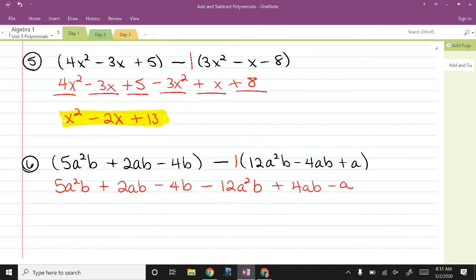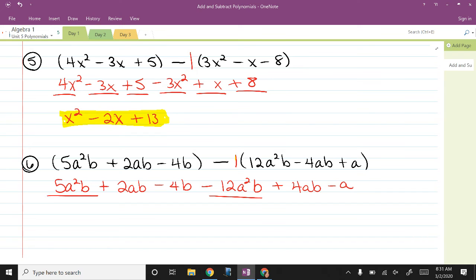So which one do you think is my highest degree I have going on? A squared b. Right, degree three. So 5a squared b right there, and then 12a squared b right there, all degree threes, aren't they? Are they like terms? Yeah, because on both of them, the a is squared and the b is to the first power, right? So those actually are like terms.